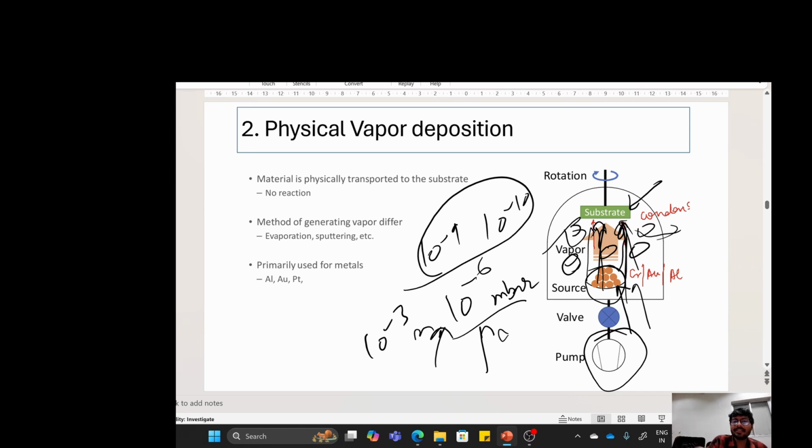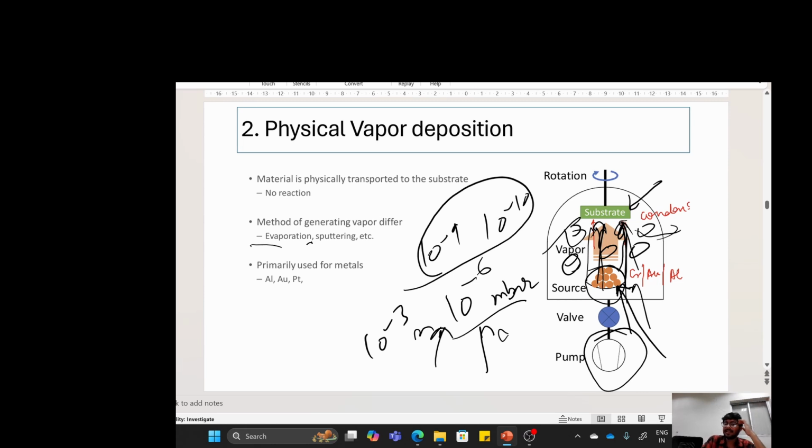So in physical vapor deposition, you just heat your material directly, like thermal heating. You can make a coil and wrap it, or you can have a crucible, and heat it by passing current through it. That can take you to higher temperatures, 1100 to 1200 degrees.